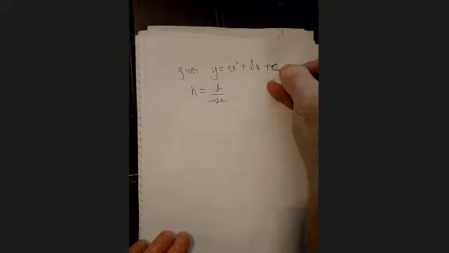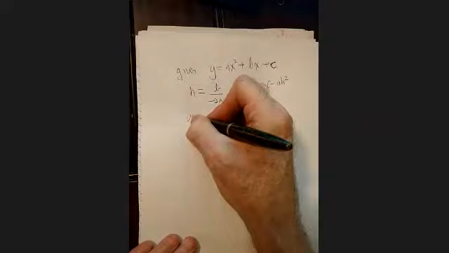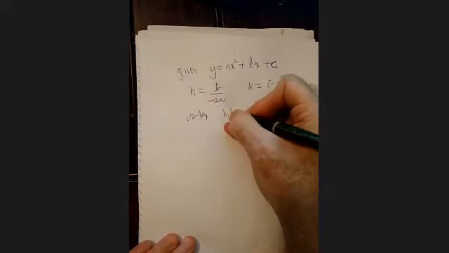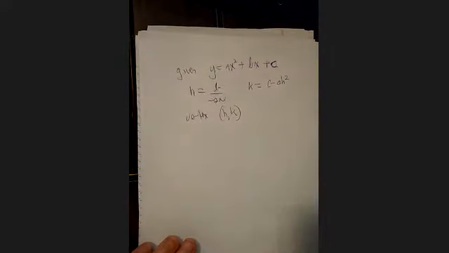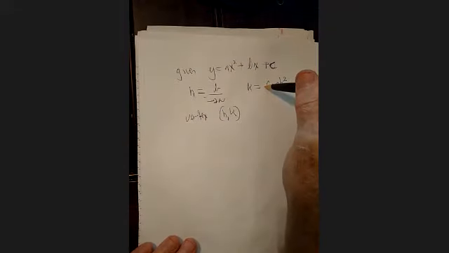And that k is equal to c minus ah squared, and our vertex is (h, k). So again, you don't need to understand where these come from and all the details, but I would like you to understand a little bit about how I got it.